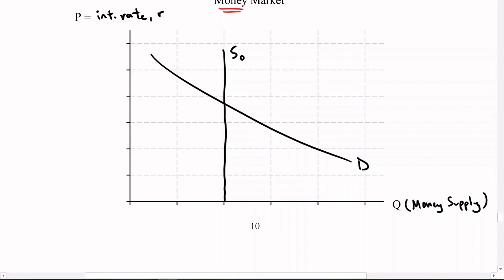But this is where we start. And so based on that, we have our equilibrium interest rate, R0 star, and the equilibrium initial money supply, M0 star.